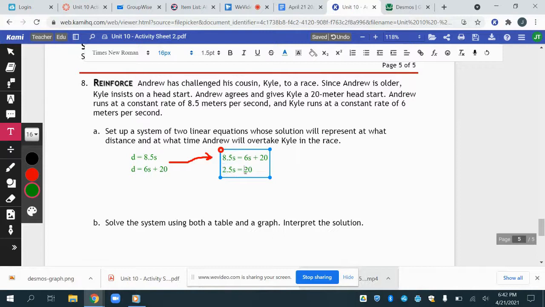How long will it take before he catches up the 20 meters and overtakes Kyle in the race? I divide both sides by 2.5, and that's 8. It's going to take 8 seconds for this guy to catch up and run 20 meters more than his brother.